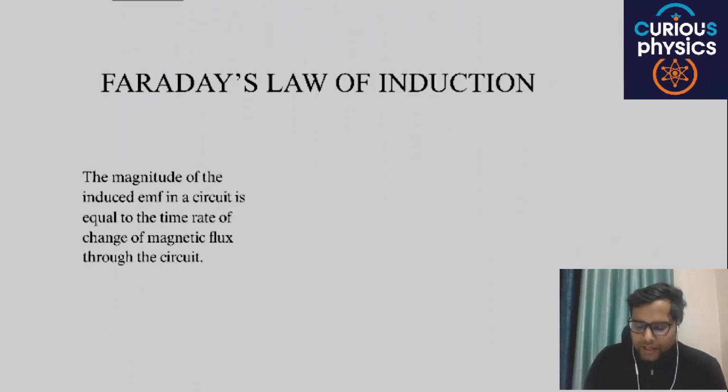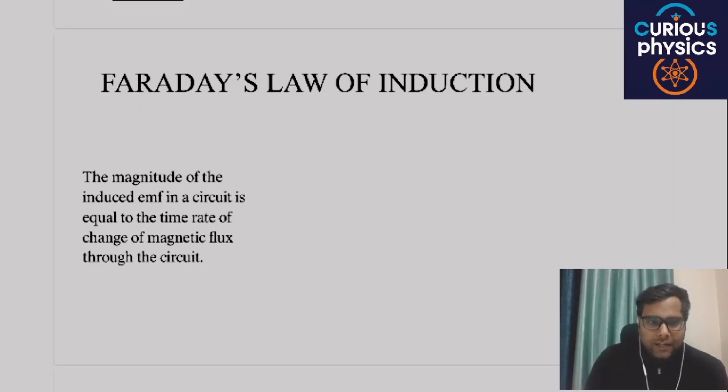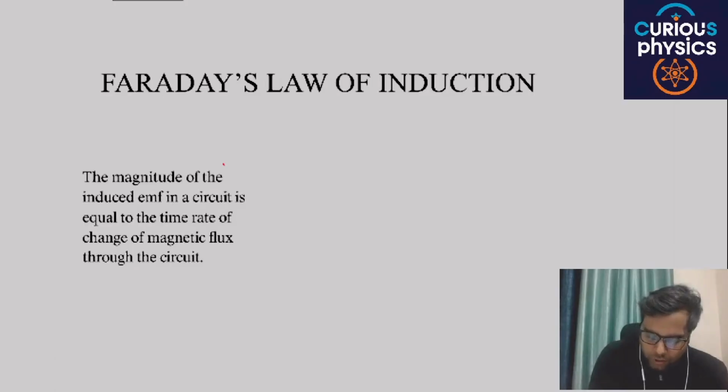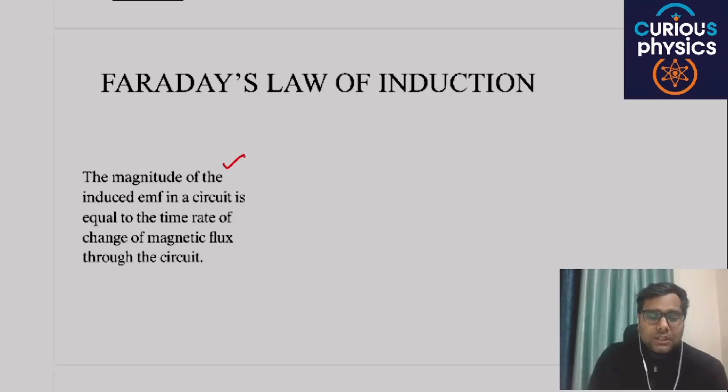Next is Faraday's law of induction. Faraday's law of induction is basically related to finding the magnitude of induced current if there is a change in magnetic flux. The basic statement of Faraday's law is the magnitude of the induced EMF in a circuit is equal to the time rate of change of magnetic flux through the circuit.